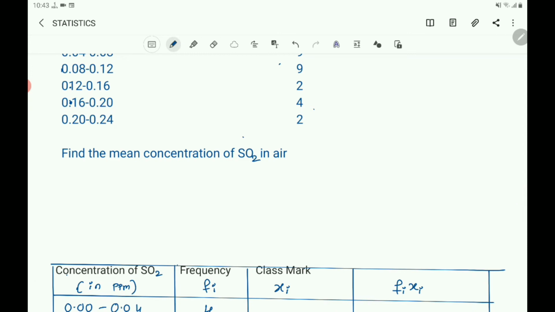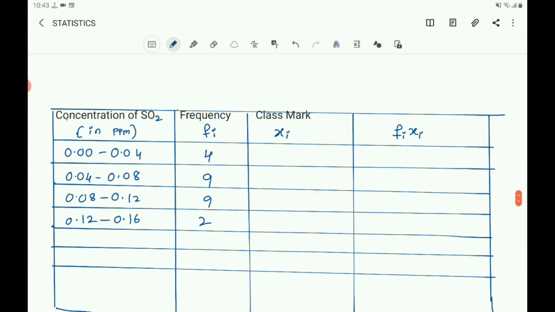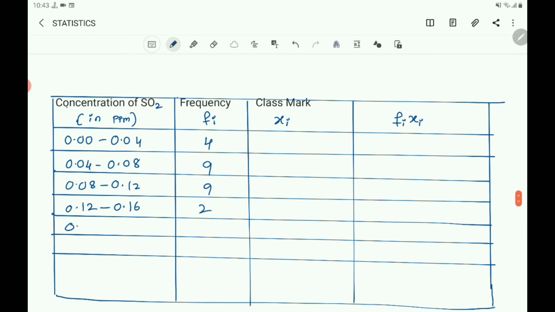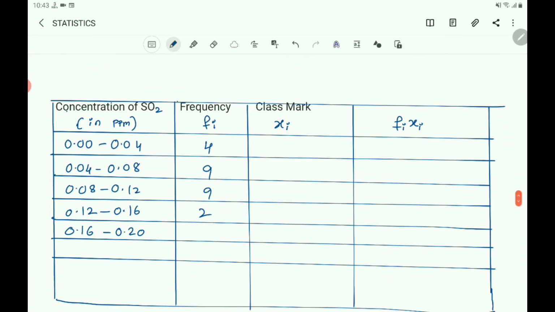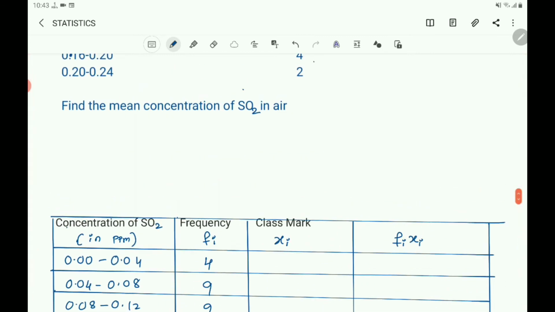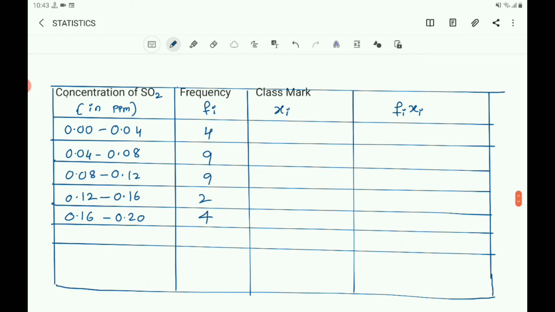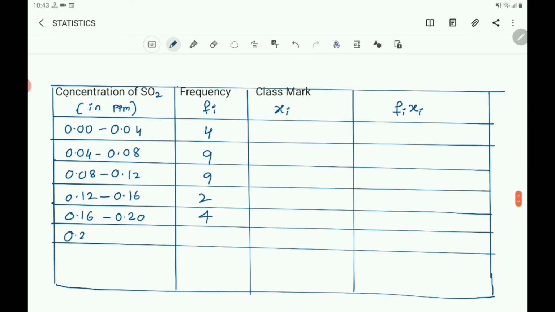Next 0.16 to 0.20, that is in 4. Frequency is 4. Next 0.20 to 0.24, the frequency is 2.